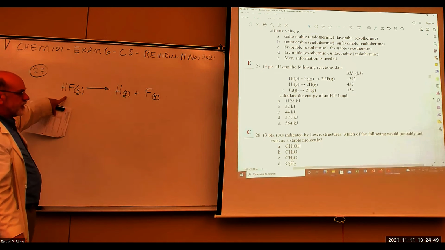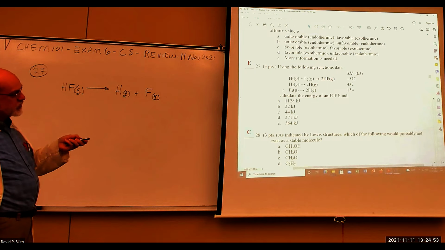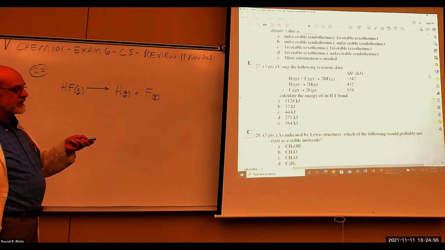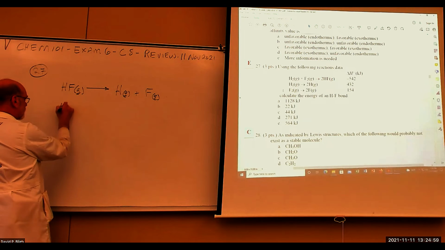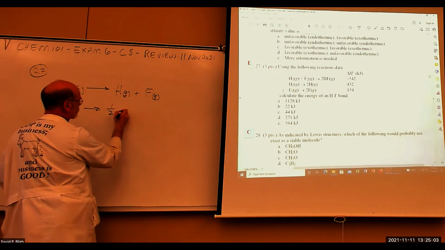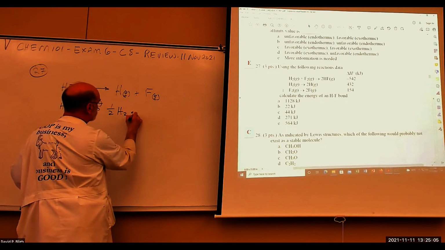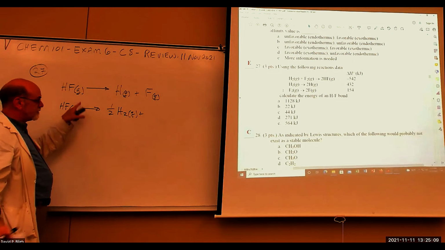So we've got HF on this side, HF is on that side, and there are two of them. So we need to flip it and take half of it. So that would be HF yields 1/2 H2 gas. And in these types of reactions, the phase is important.